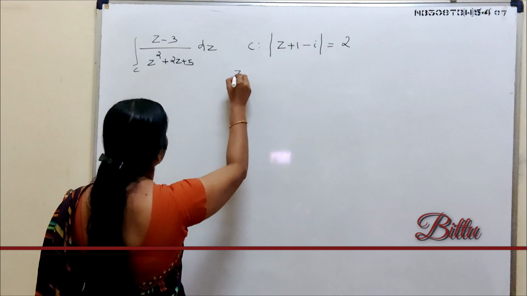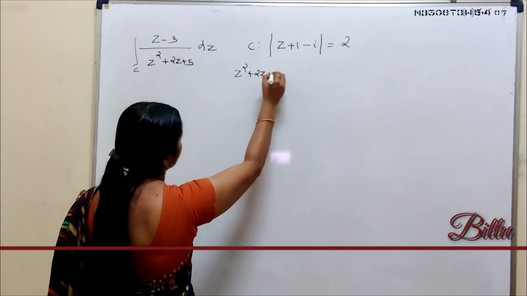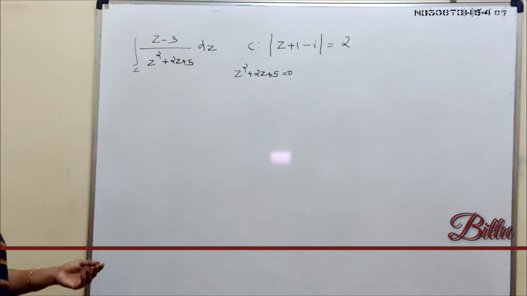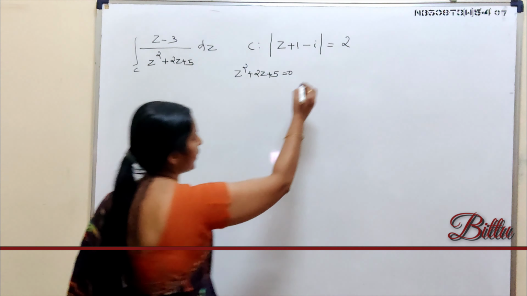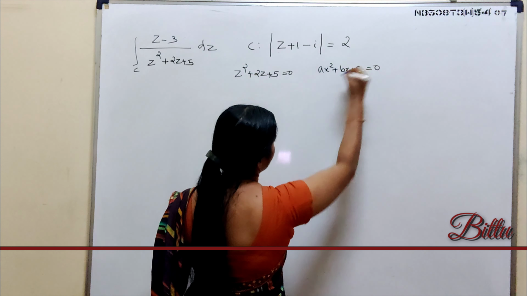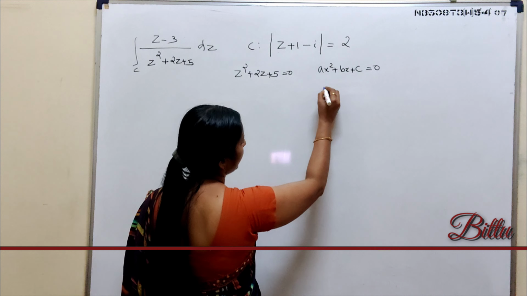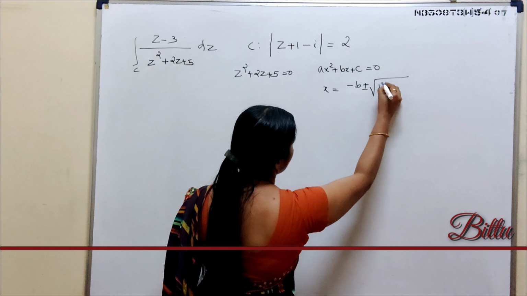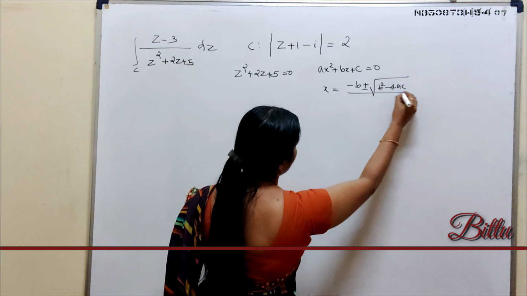You can find its poles by solving this equation, either by calculator or manually. A second degree equation ax square plus bx plus c can be solved by using x equal to minus b plus or minus root of b square minus 4ac, divided by 2a.